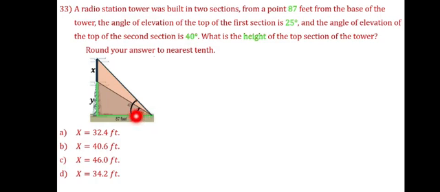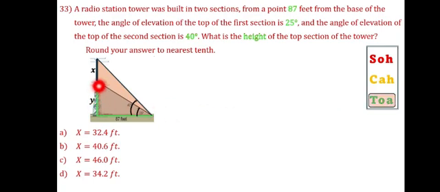Now consider the small triangle, which has angle 25. According to this angle, this side is opposite and this side is adjacent. I'm using the small triangle: opposite, adjacent, sine, cosine or tan. Opposite and adjacent means I have to use tan, because I have to find opposite and adjacent is given as 87.